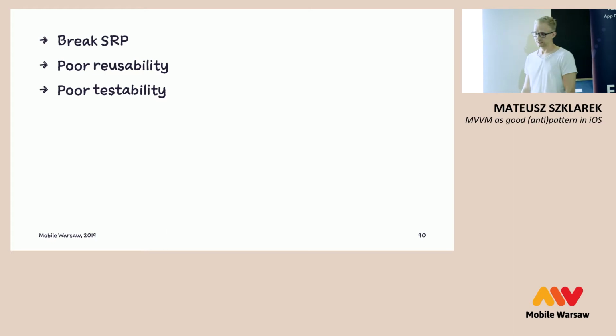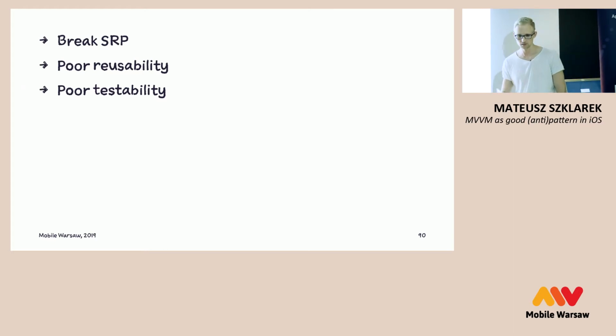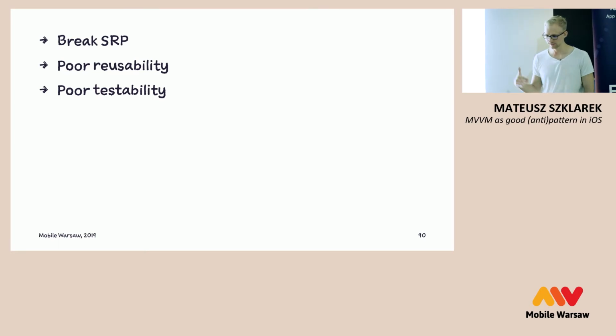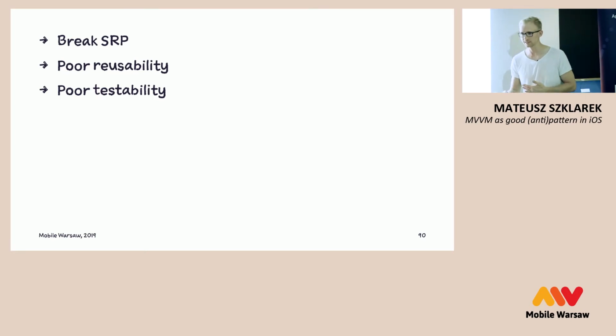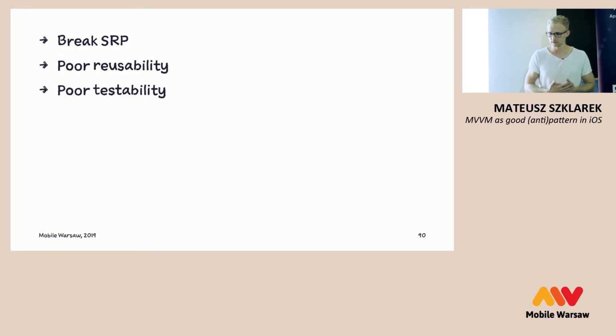Poor testability, yes, because it's connected with the SRP rule. A view model handles a big amount of logic, and then it's hard to test, or at least hard to understand what's going on under the hood. This is the kind of pain that can come from view models or any other classes. It's not directly connected with MVVM.